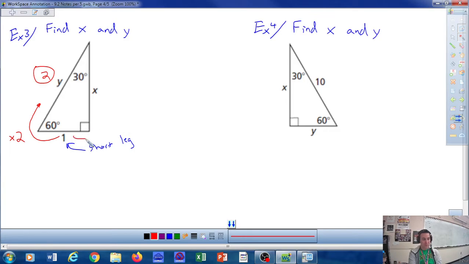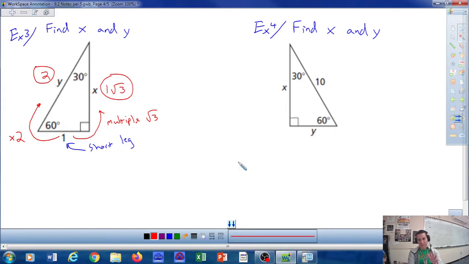To get to the long leg, remember what do we do? Multiply by radical 3. So this is going to be 1 radical 3. That is the answer for the long leg. You're done.